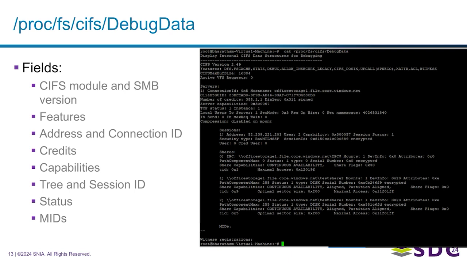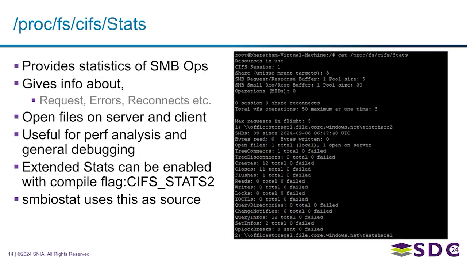It provides the details of the tree connect ID, the available credits on that connection, the capabilities that server and client have communicated, and the status of the current existing SMB session. It also tells about the mids, which are the current in-flight requests that went from the client to the server, but the client is still waiting for the response from the server.